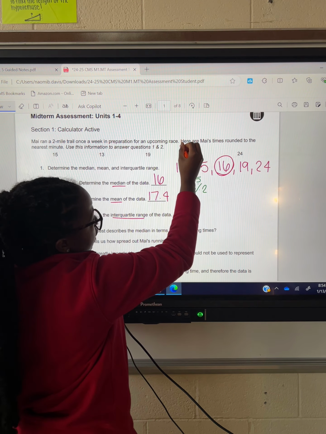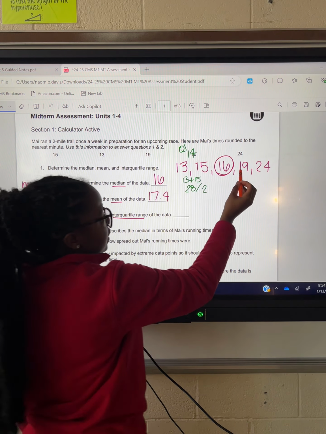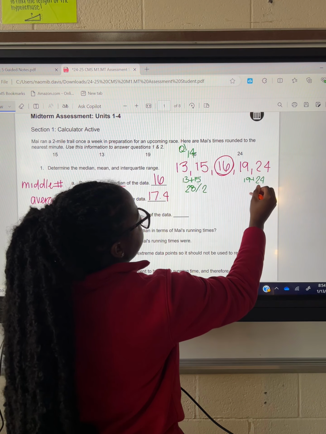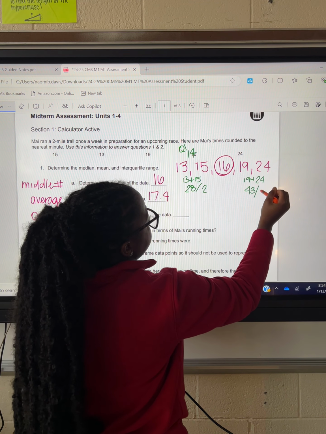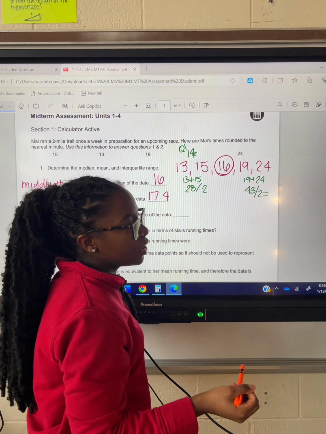So my Q1 is 14, okay? 19 plus 24, 43. 43 divided by 2 is 21.5.